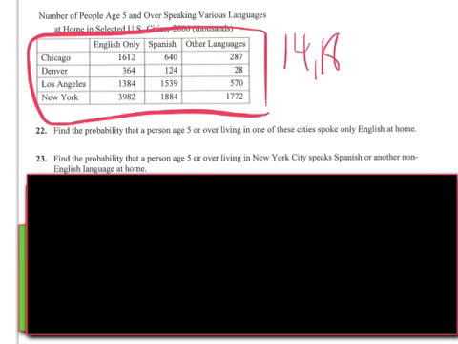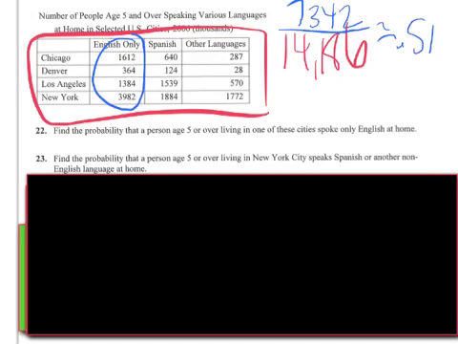Those speaking only English at home would be this column here. So the fraction for that, I'm going to take the 14,186 on the bottom and then do the 7,342, which is that total. And that comes to be about 0.518. So about 51.8% of the people in these 4 cities speak only English at home.